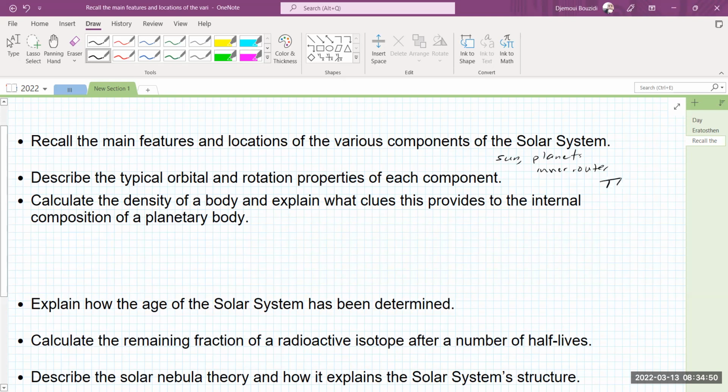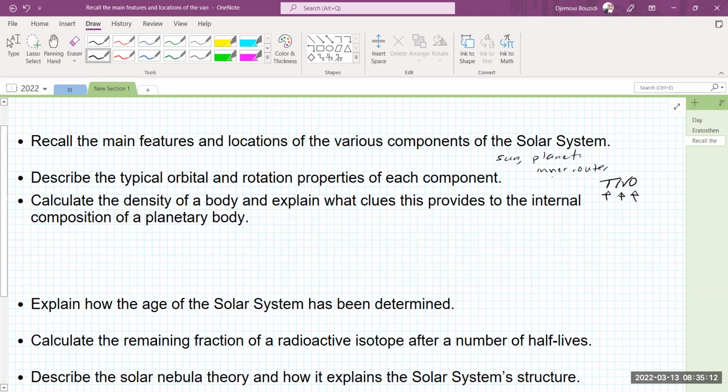TNO stands for trans-Neptunian orbits, basically the region of the solar system that is past Neptune. And that includes Pluto and Eris, Makemake, Haumea, and other dwarf planets. So that's part of the composition of the solar system.